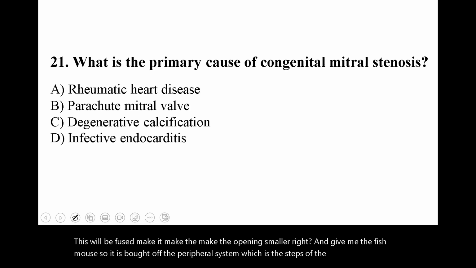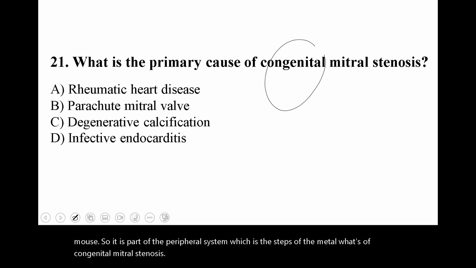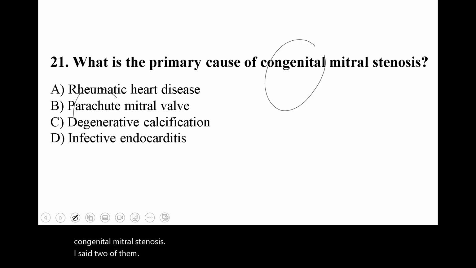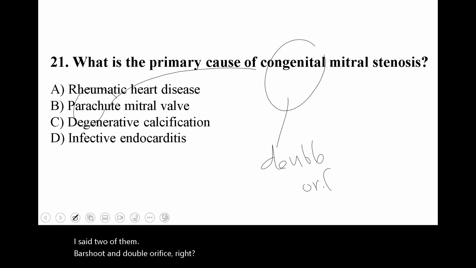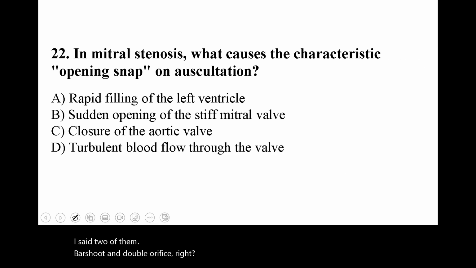What's the primary cause of congenital mitral stenosis? I said two of them: parachute and double orifice, right? Mitral stenosis, what causes characteristics opening snap?